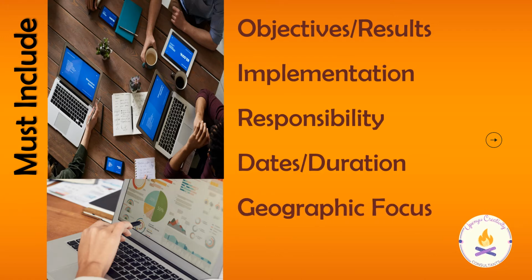And the geographic focus: where is the project being implemented? Because, geographically speaking, projects will never be the same. And of course, the resources must be included. We want to know what is available, what will be needed, and so on.